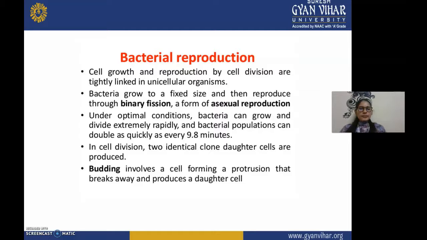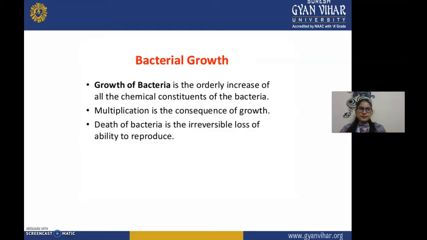Under optimal conditions, bacteria can grow and divide extremely rapidly, and a bacterial population can double as quickly as every 9 to 8 minutes. In cell division, two identical clone daughter cells are produced. Budding involves a cell forming a protrusion that breaks away; a daughter cell produces a daughter cell.